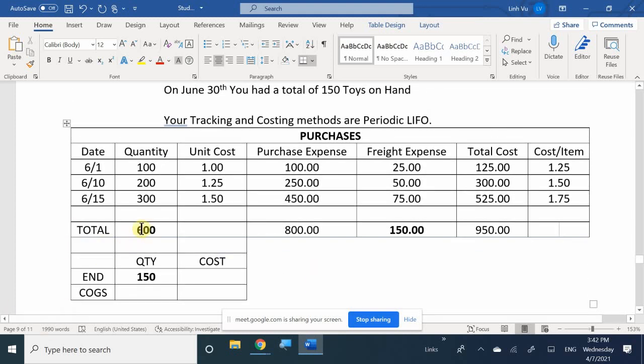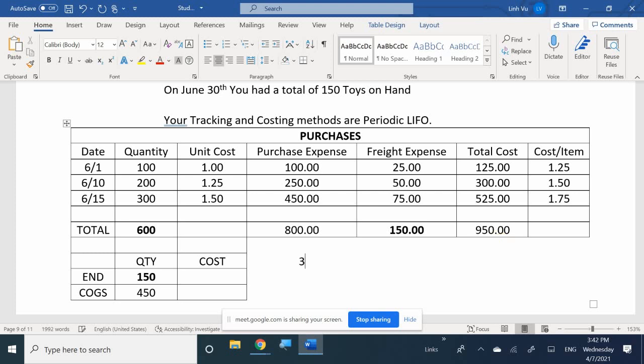So once again, if we have 600 and we have 150 remaining, how much did I sell? 450. So now I'm going to be calculating my total cost of goods sold. Which batch am I going to be taking out from first?